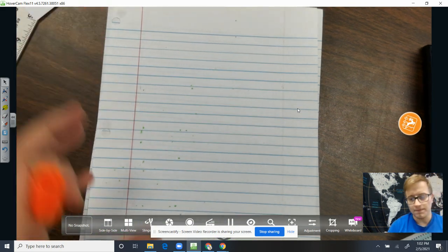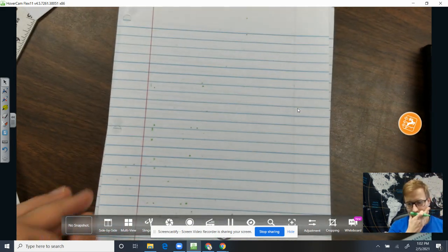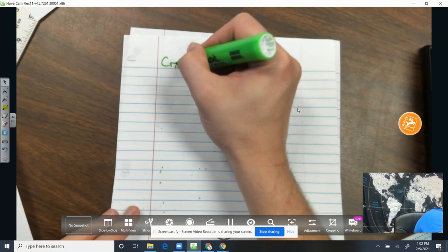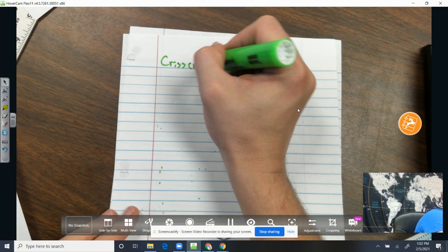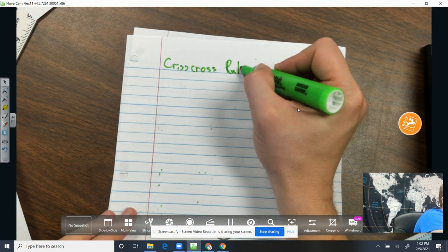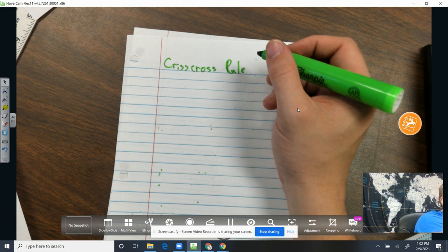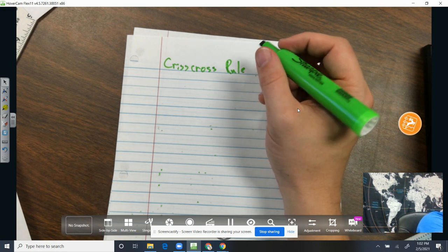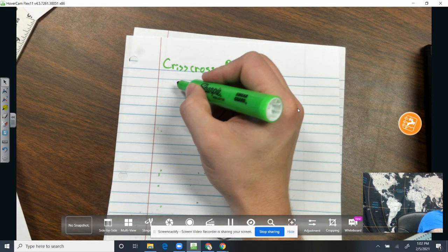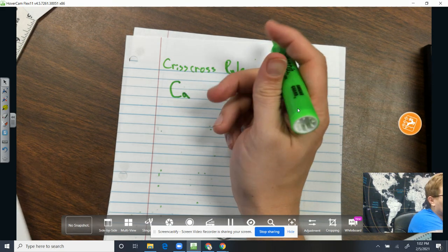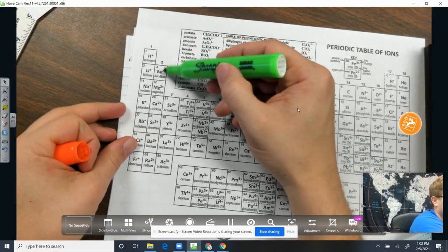Our shortcut, the crisscross rule. Crisscross applesauce. Let's just do Ca and N again. So calcium, we know from this chart, it's in the second group.